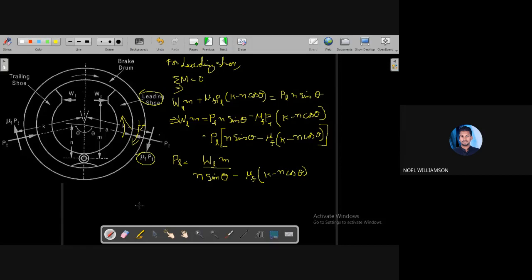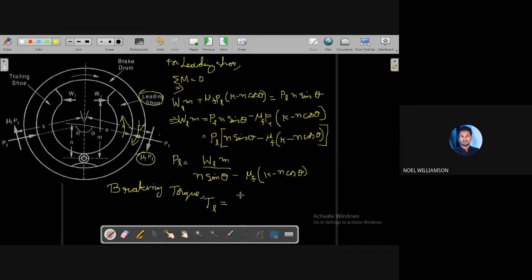Now the braking torque. The braking torque for this leading shoe, denoted by TL, L for leading, is given by the friction force into the distance k from the center.